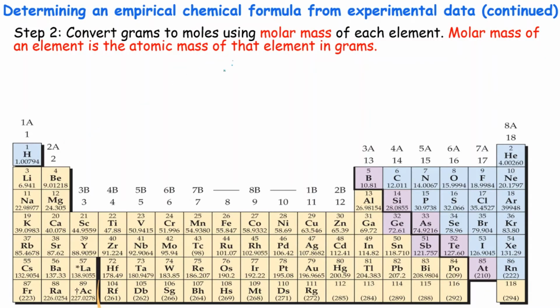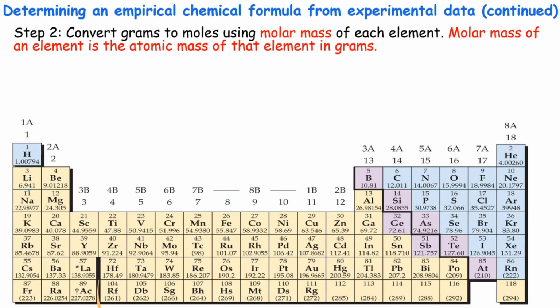Now, molar mass. Okay, what is molar mass? Molar mass for an element, we'll start with that first. The molar mass of an element is simply the atomic mass of that element in grams. And where do you find atomic mass? The periodic table, any copy of the periodic table.